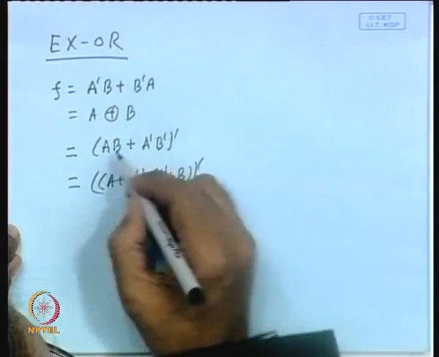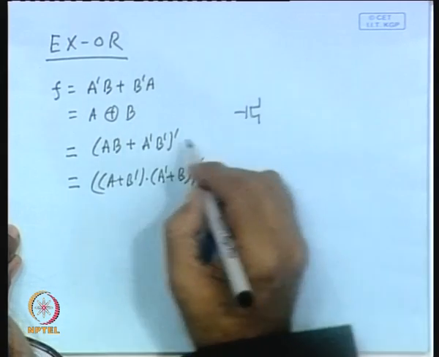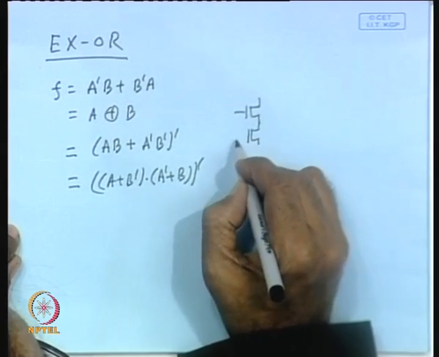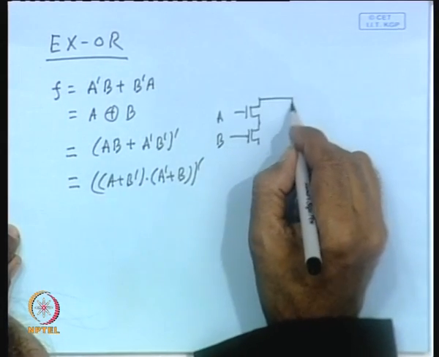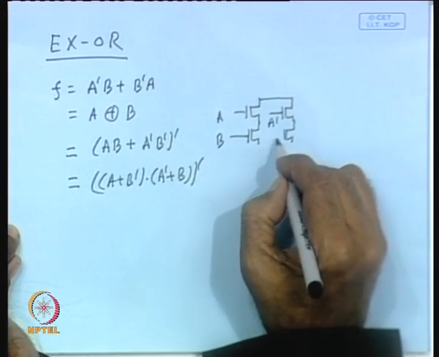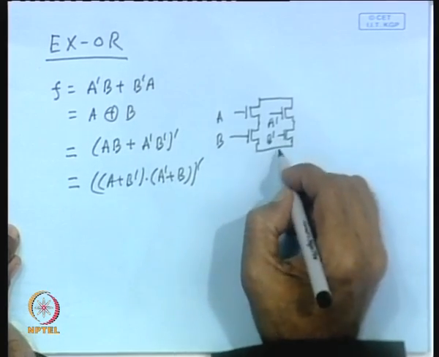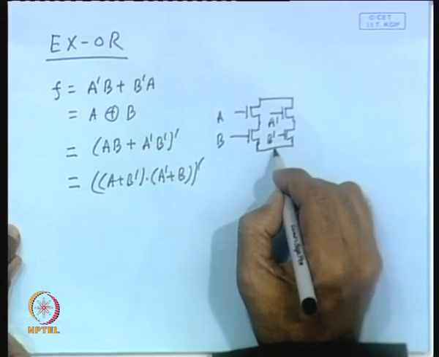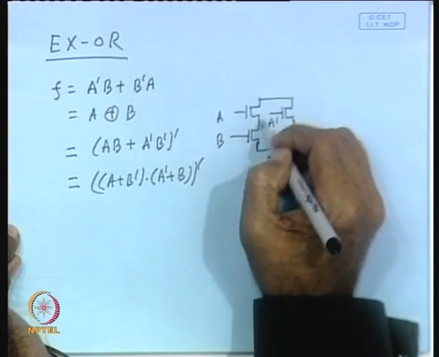So, here you have got AB, this is A, this is B, and here A dash, B dash, and then this is your NMOS network. Corresponding PMOS network will be, these two will be in parallel.